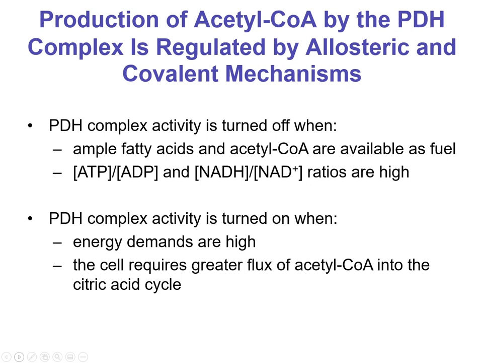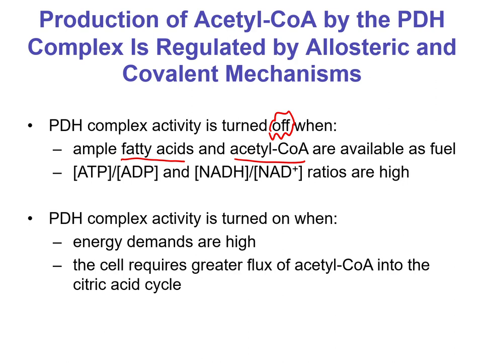So for the pyruvate dehydrogenase complex, activity is turned off when you have a lot of fatty acids and acetyl-CoA. And that makes sense, because if you have a lot of acetyl-CoA, you don't need to make more. And that's what the PDH complex does, is it makes acetyl-CoA.